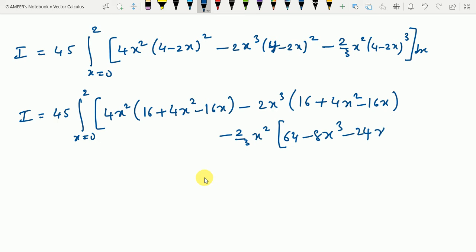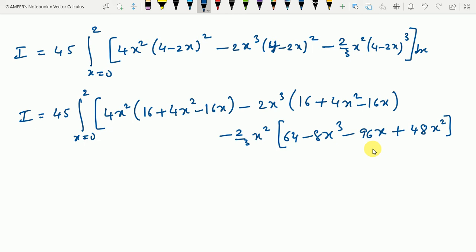Okay, 24 comes from 3a square b: 16 into 3 into 2, 32 into 3 gives 96. This will come as 96x. So a cube minus b cube minus 3a square b plus 3a b square. Then square gives 4, 4 into 16 is 64, 16 into 3 is 48 x square.